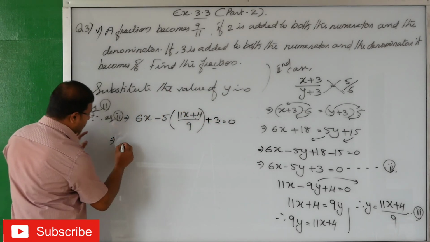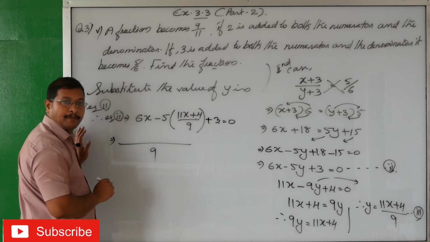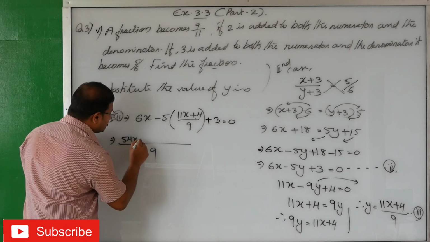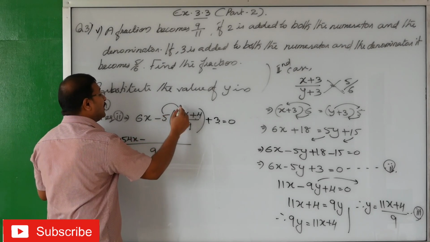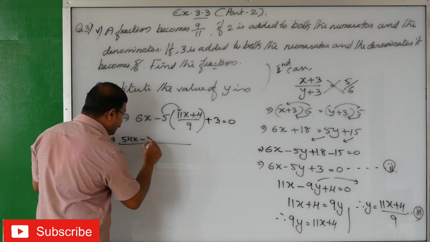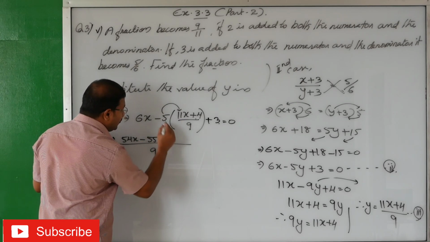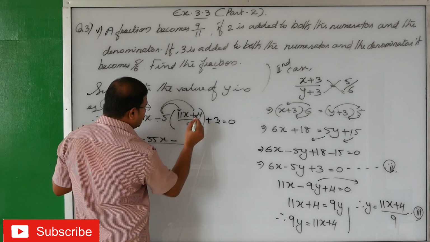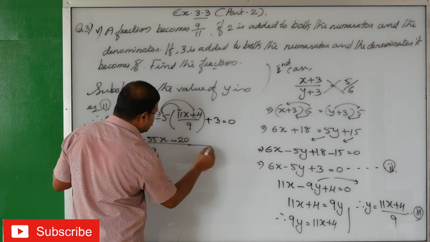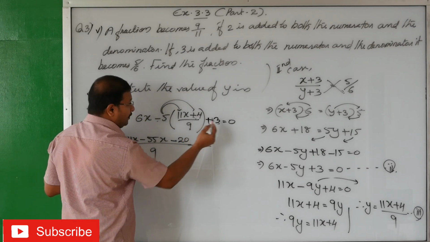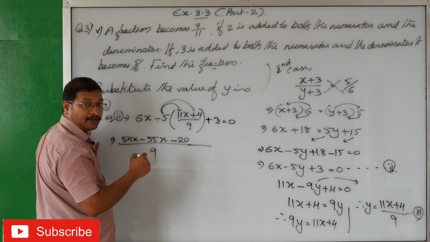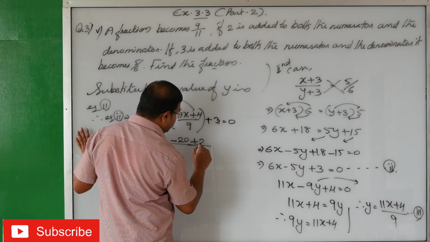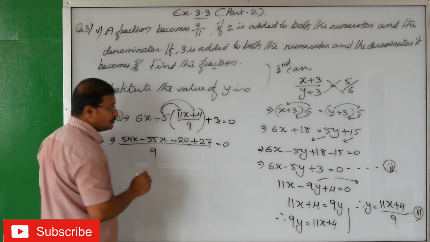This implies the LCM will be 9. So 9 6s are 54x minus, opening with the 5, 5 into 11, 5 11s are 55x. After that, plus into minus, minus into plus, minus 5 4s are 20. Now of course for 3 we will take the common denominator 9, that means 9 3s are 27, plus 27 equal to 0.